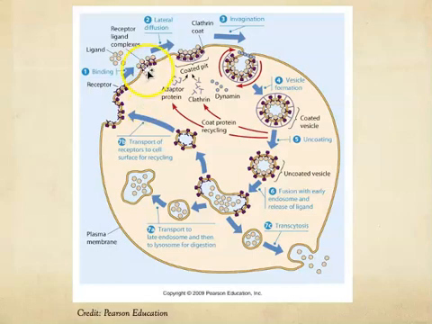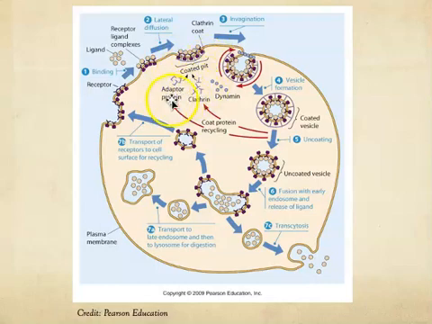As the ligand receptor complexes arrive in the pit, they stop their lateral diffusion. More and more of them will arrive and fill up that pit area. As more and more ligand receptor complex accumulates in the pit, it will attract more and more coat protein to the inside of the membrane.